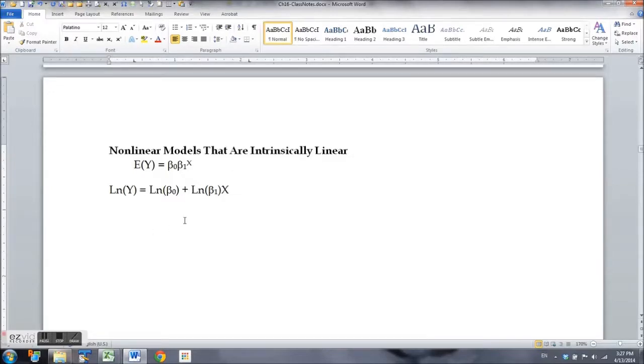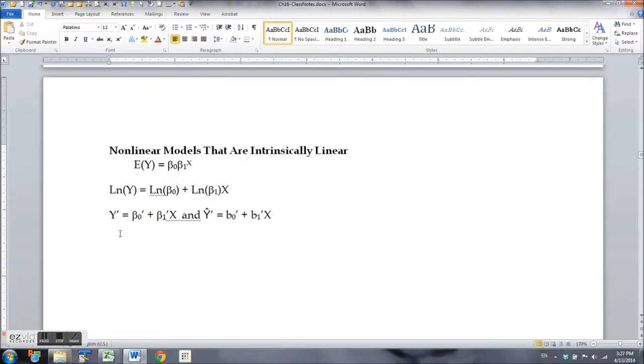So now this is like y prime, where y prime stands for ln of y, beta sub 0 prime stands for ln of beta sub 0, and beta sub 1 prime stands for ln of beta sub 1, times x. So you can fit a linear model like this, and then y hat prime will be equal to b sub 0 prime plus b sub 1 prime times x.